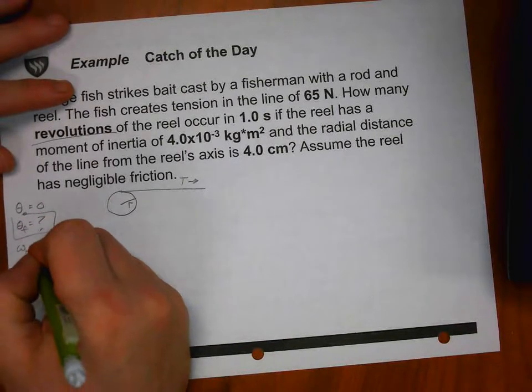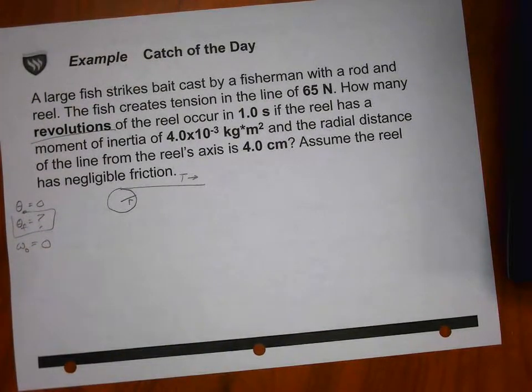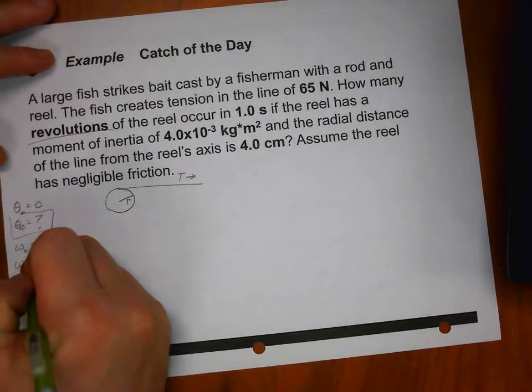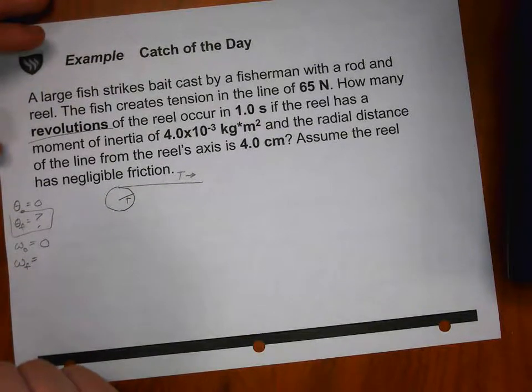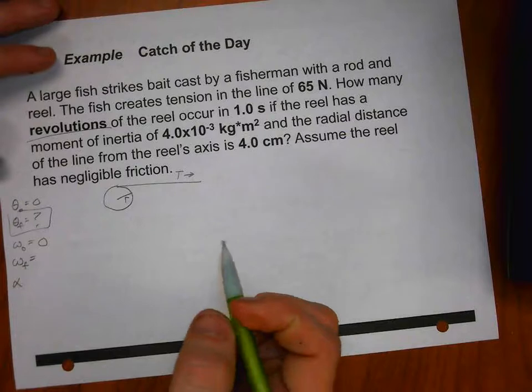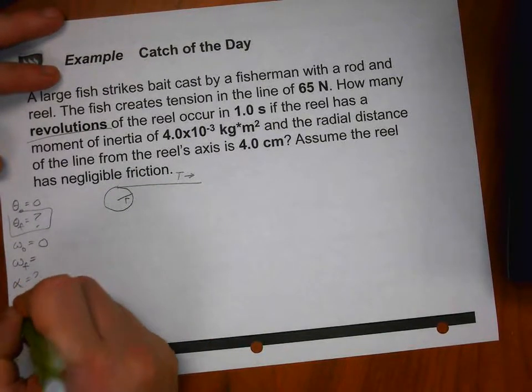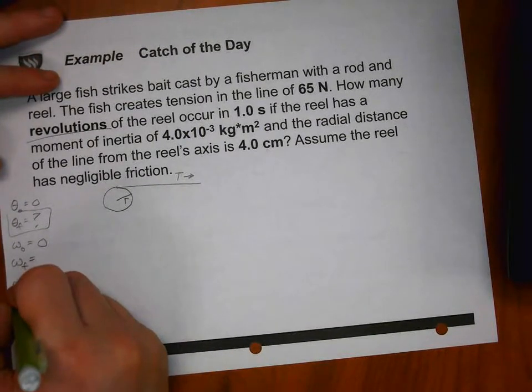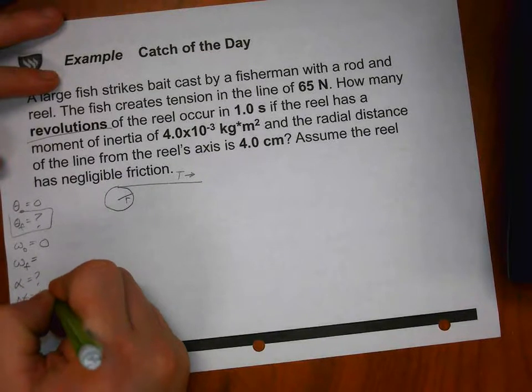Omega 0 equals 0 because the reel is not moving before the fish strikes the bait. Omega final, we don't know that either. And alpha, we don't know that. Delta t equals 1.0 seconds.